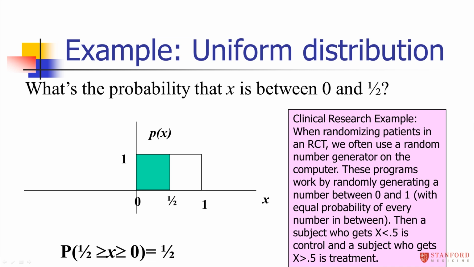In other words, it's based on a uniform distribution. Every subject has an equal probability of getting any number between 0 and 1, so you can arbitrarily say if the subject ends up with a number below 0.5, we're going to call them control. If the subject ends up with a number above 0.5, we're going to call them treatment. That will randomly assign people to treatment and control with 50-50 probability.